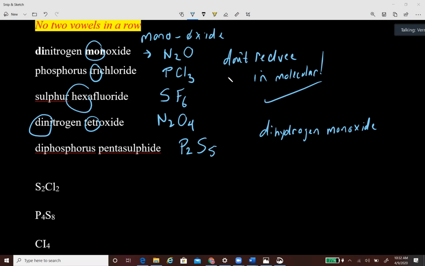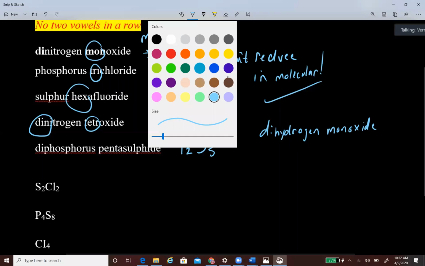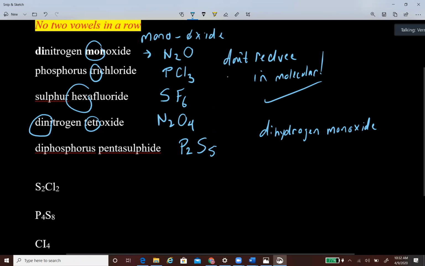Anyway, so a couple of things about molecular compounds. Some things have official names. It's not wrong to say dihydrogen monoxide, but in this case you would just say water, right?